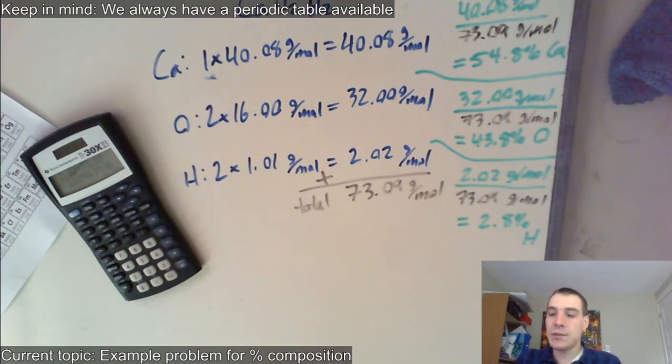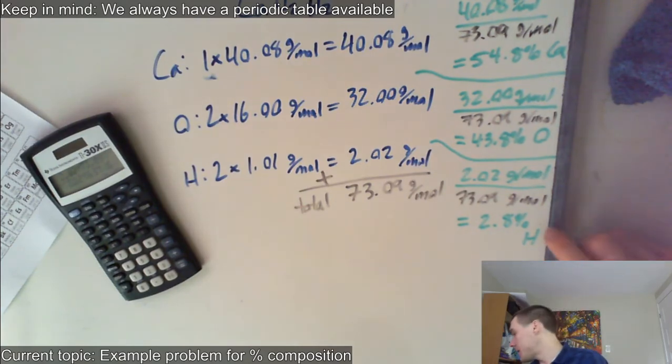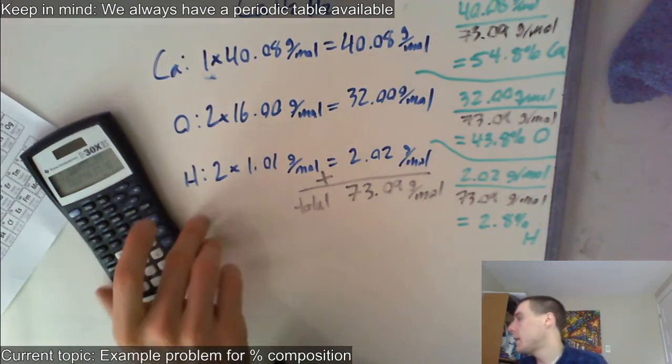Then we can do our little self-check, right? The self-check would be, do these add up to 100? Because if they add up to 100, we know we've done things correctly.